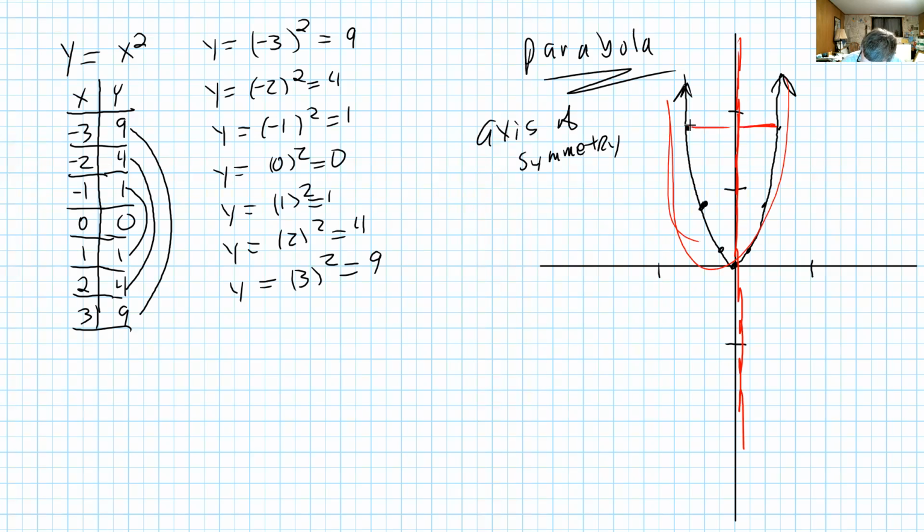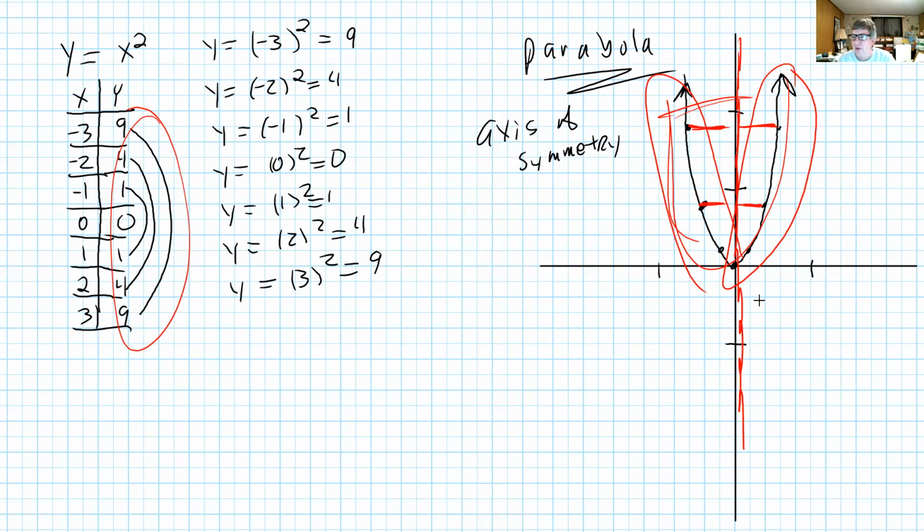This distance is the same as that distance. This distance is the same as that. Again, corresponding to our matching y values in the table. So every parabola has an axis of symmetry about which the parabola is symmetric. In other words, if we graphed one half of it, we could just reflect across and graph the other half of it.